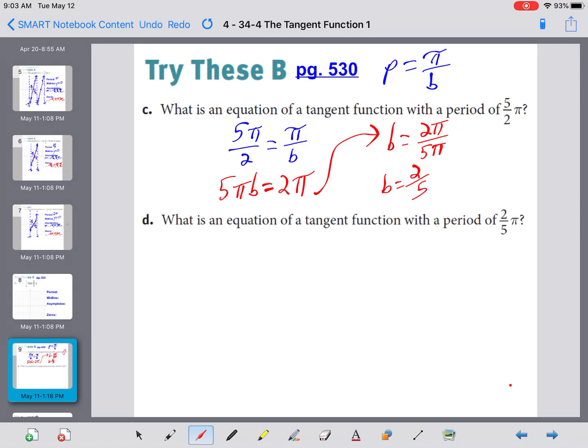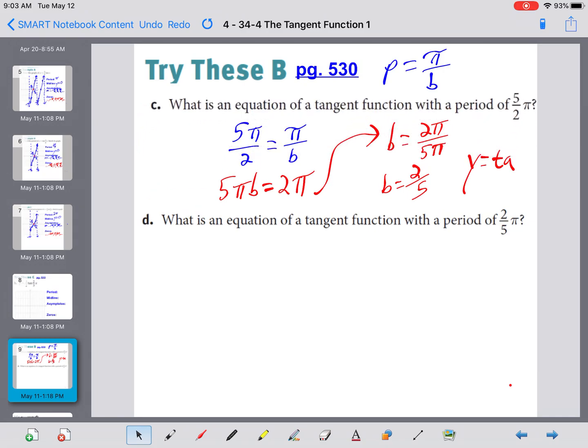So you can see what's kind of going on there. The value of my period, the coefficient in front, is getting flipped when I make my b value. So the equation here would be y equals tangent. I'm going to run out of room. Hold on one second. Let me move this over.